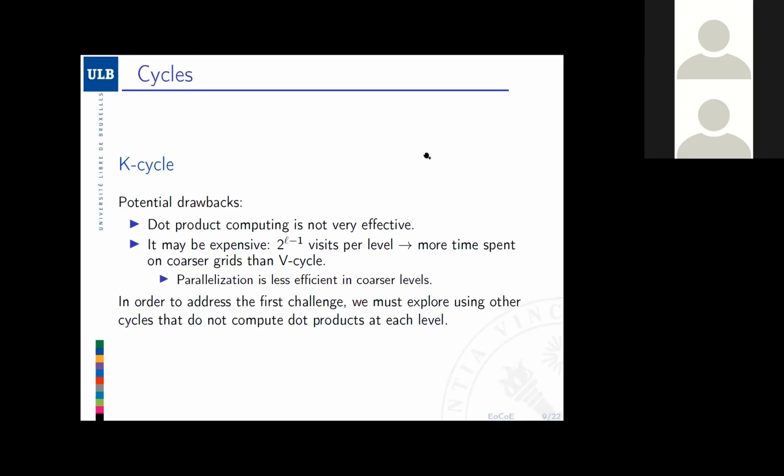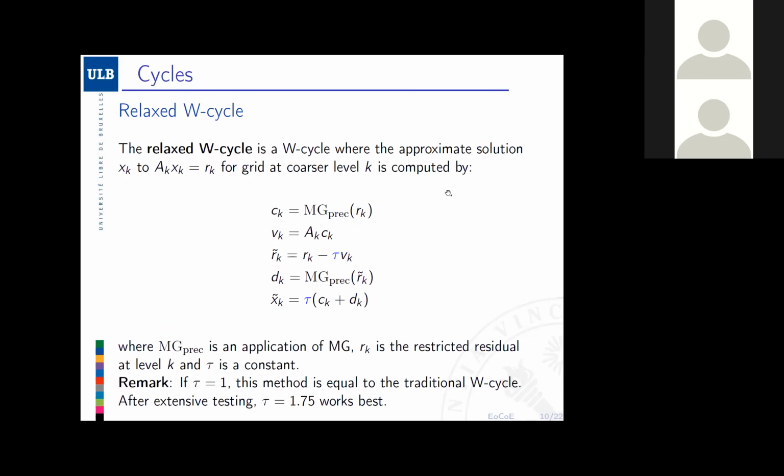In order to address the first challenge, the dot product computing, we are going to explore and present another cycle, which is derived from this one, and we call it the relaxed W cycle. The relaxed W cycle is a W cycle where the approximate solution is computed as such.